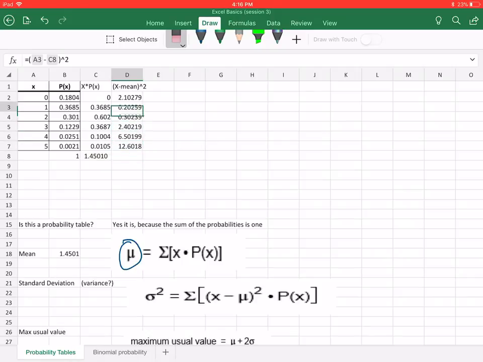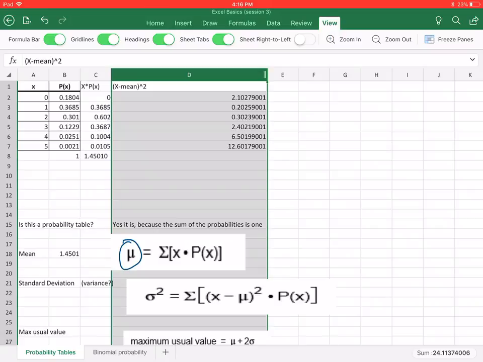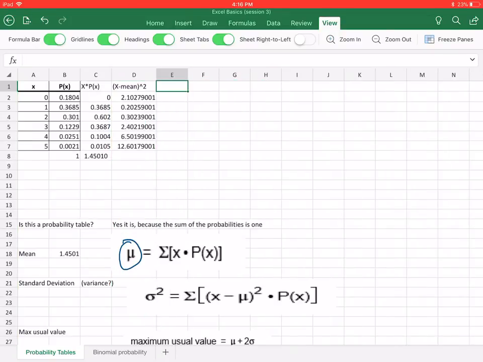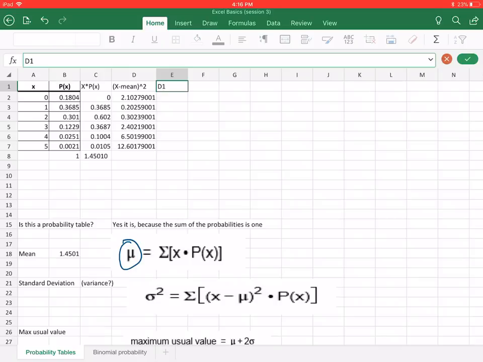Okay, so the next thing that it's doing is this value of the x minus the mean squared times p of x. So I'm just going to write D1 because that's the cell that we're using.